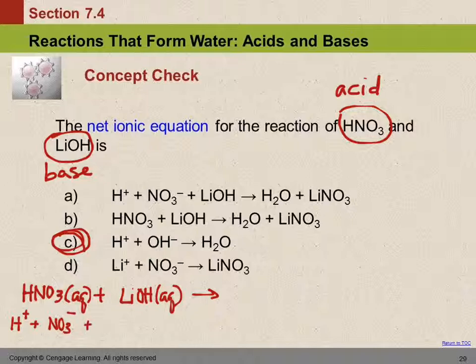And this lithium hydroxide is a soluble ionic compound, and that dissociates into lithium and hydroxide ions. And so then the question is, what happens to these guys? Well, the lithium and the nitrate are going to partner up, and the hydrogen ion and the hydroxide ion are going to partner up.